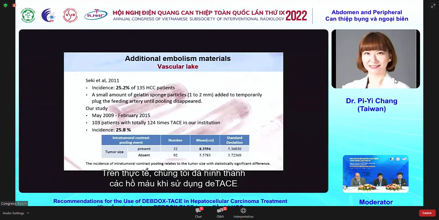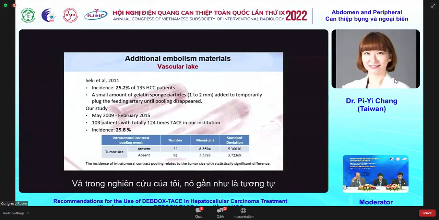Actually, we have faced vascular lake formation when we used DEBDOX-TACE. In a Japanese paper, the incidence of vascular lake formation in 135 HCC patients is 25.2%. And in my study, it's almost the same.